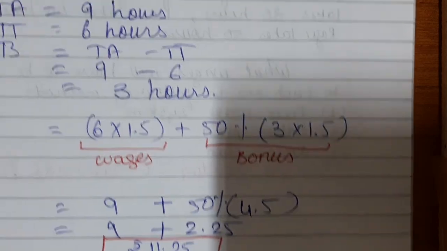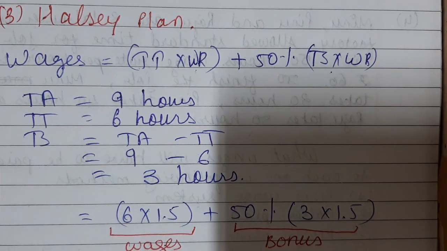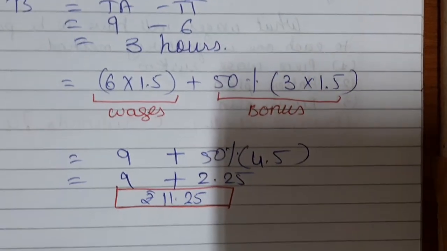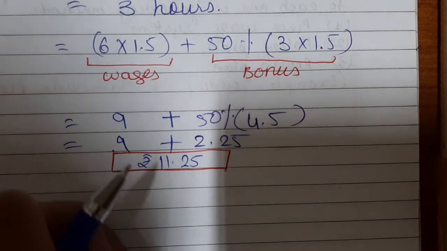So this is the example for Halsey plan: wages equals time taken into wage rate plus 50% of time saved into wage rate. If the worker is paid wages as per Halsey plan, he will be given rupees 11.25 as wages.